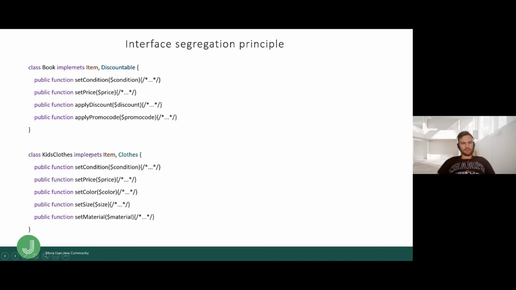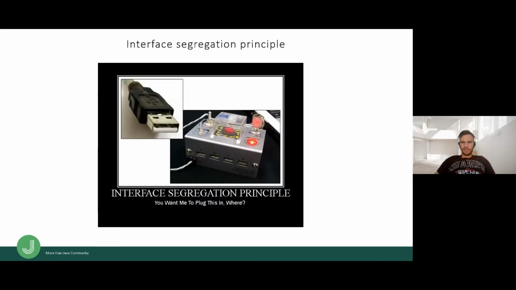But if we have clothes, we can implement the Item and Clothes interfaces. So that was the interface segregation principle from SOLID. It's better to have several small interfaces rather than one big interface.